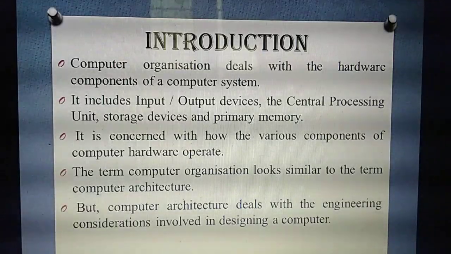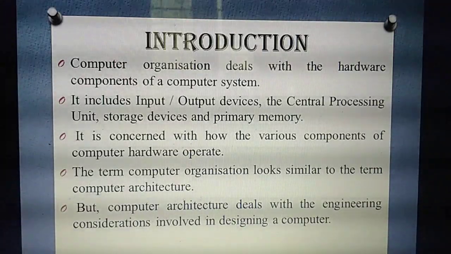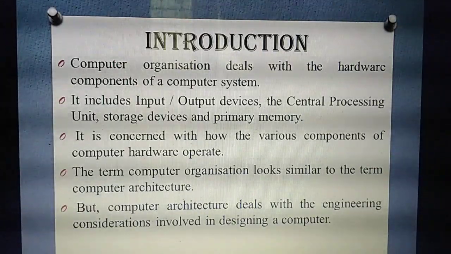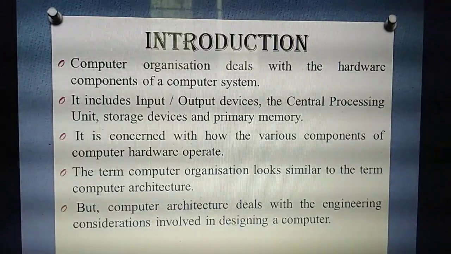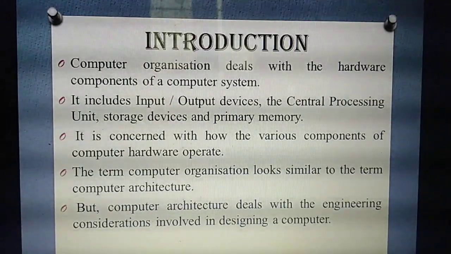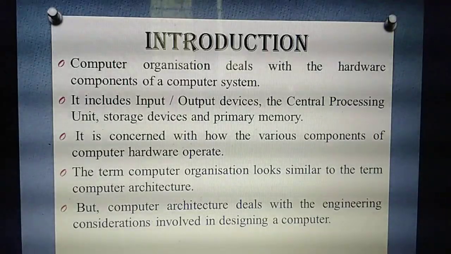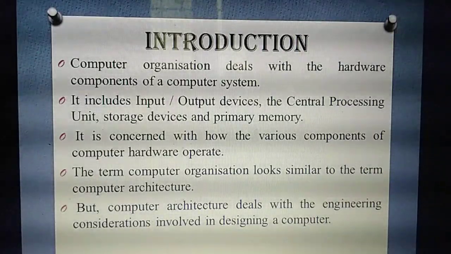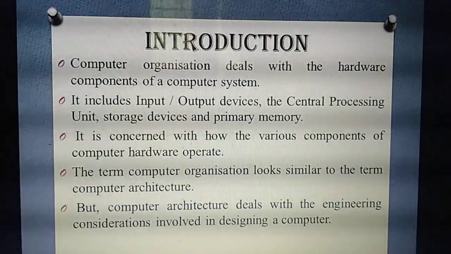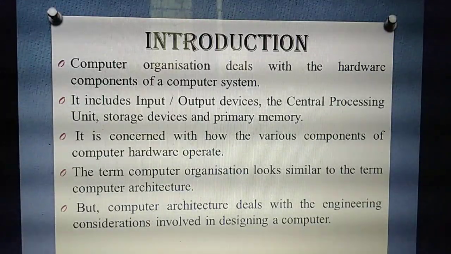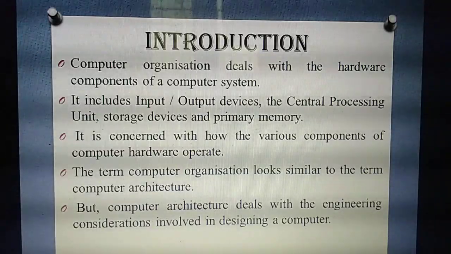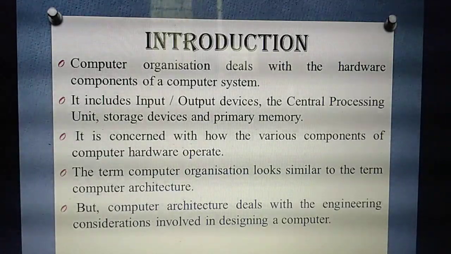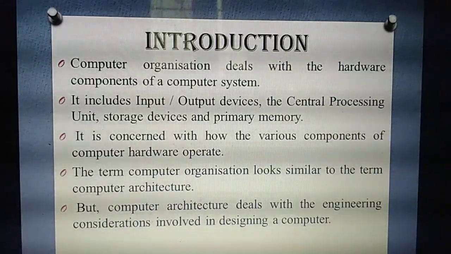Computer organization is related to computer architecture. What do you mean by architecture? For example, before we build a house, will they build it without a plan? Anything we do, we first make a better plan, and only then do it.